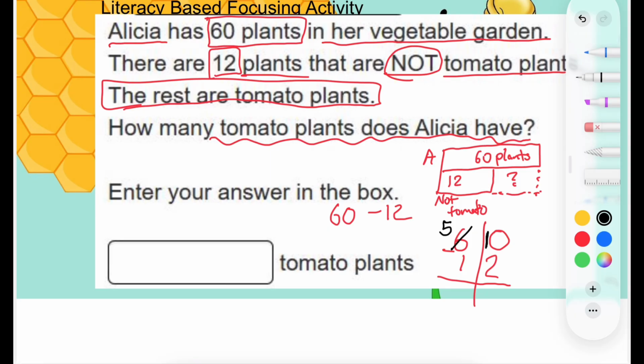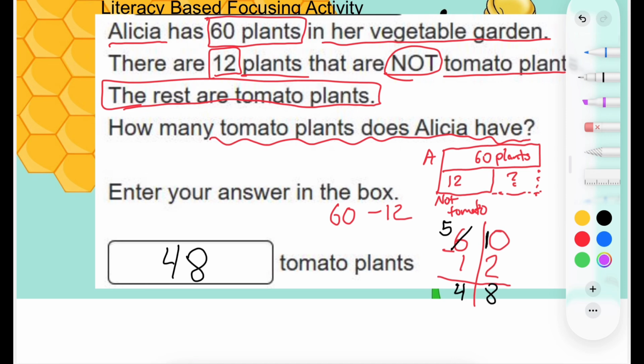I'm going to put 2 in my head, count up to 10. 2, 3, 4, 5, 6, 7, 8, 9, 10. 8. And next I'm going to put 1 ten in my head and count up to 5 tens. 1 ten, 2 tens, 3 tens, 4 tens, 5 tens. 4. She has 48 tomato plants.